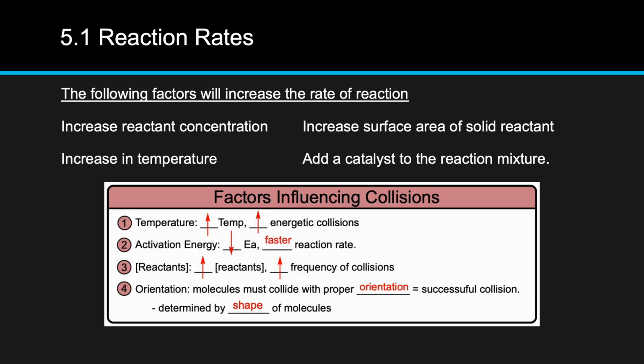Then there's increasing the surface area of solids. If you increase the surface area of a solid reactant, you expose more particles, which means more collisions can occur. And finally, adding a catalyst. A catalyst speeds up the reaction by lowering the activation energy. That allows more collisions to be successful without the catalyst being consumed itself.